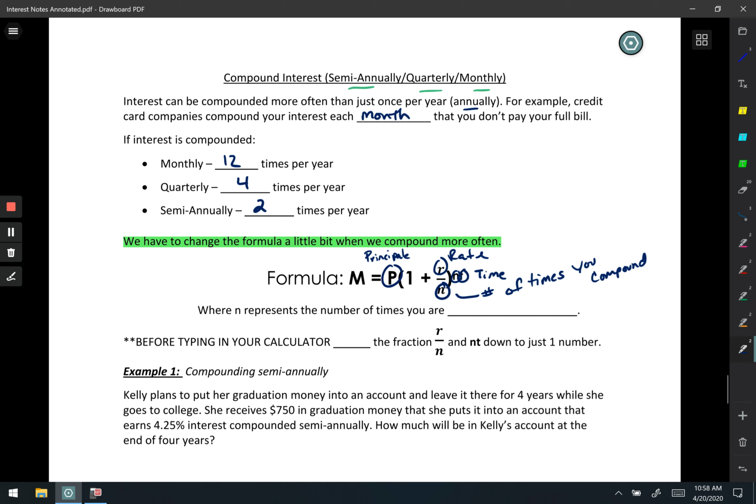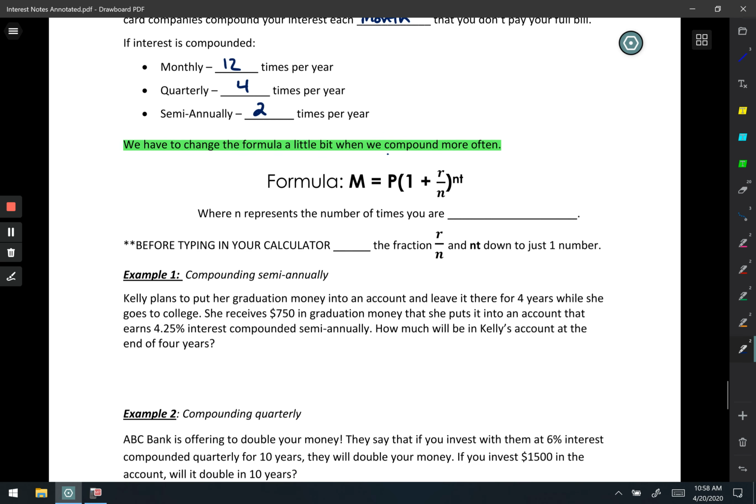Okay, so I'm going to erase that just so that you can see it clearly as you go back to it, but it's there for you to see for a second. N represents the number of times you're compounding. Okay, a little note says before your calculator, simplify the fraction r over n and n out to just one number.